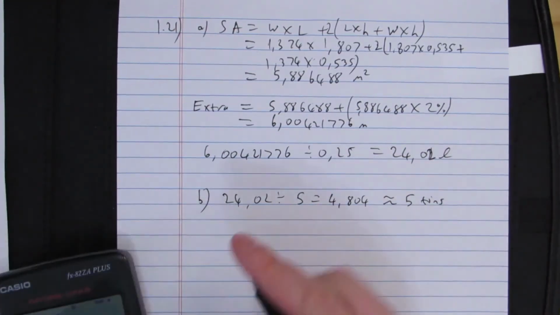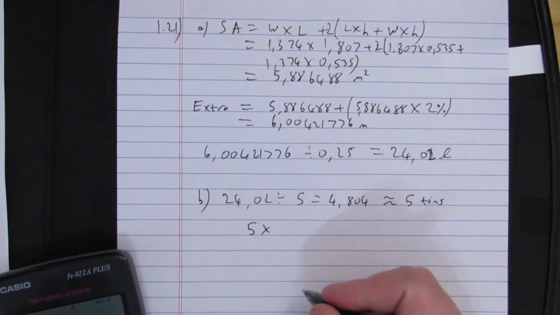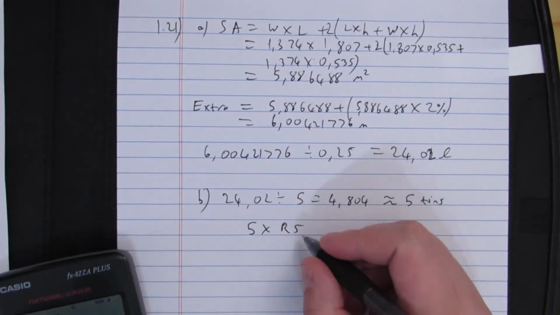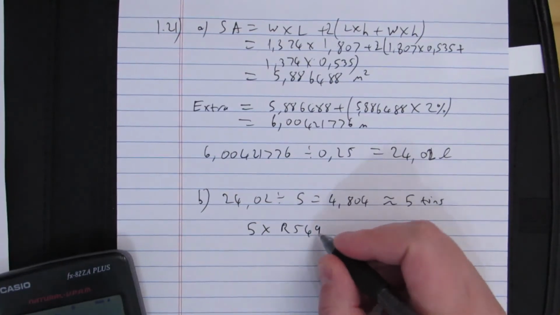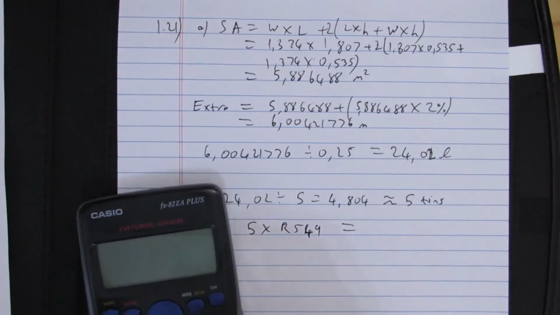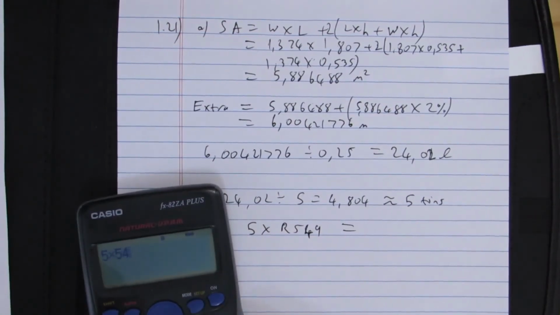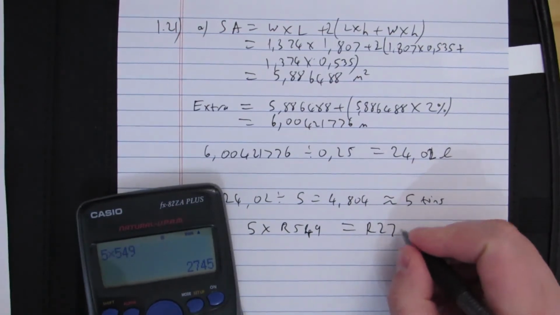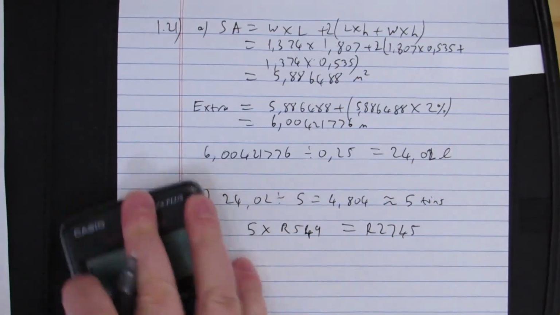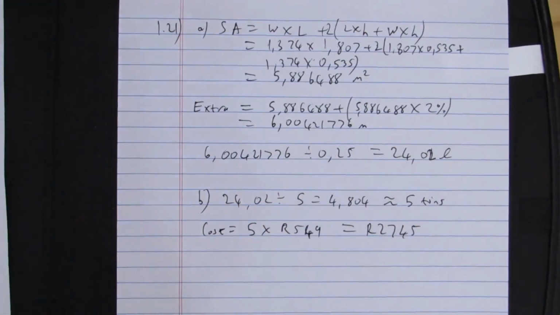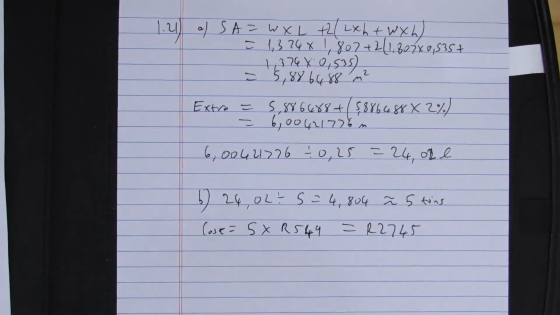5 tins. A 5 litre tin costs 549 Rand. So the cost will be 2,745 Rand in total. This is my cost for putting on 1 coat of paint.